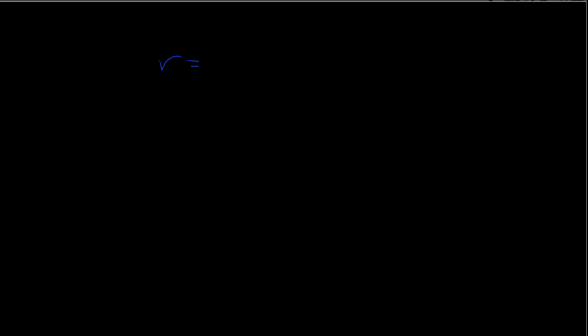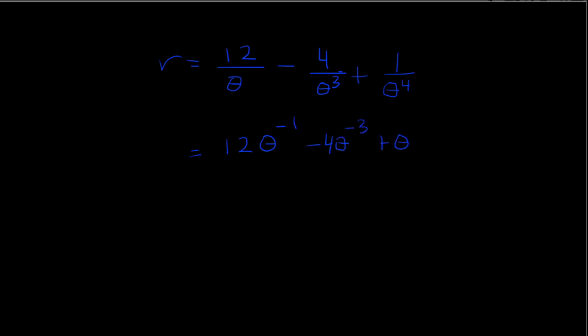Finally, r equals 12 over theta minus 4 over theta cubed plus 1 over theta to the fourth. I'm going to rewrite this as 12 times theta to the negative first minus 4 times theta to the negative third plus theta to the negative fourth.